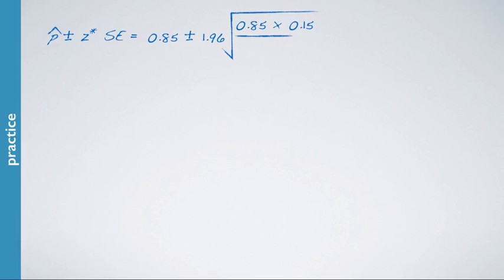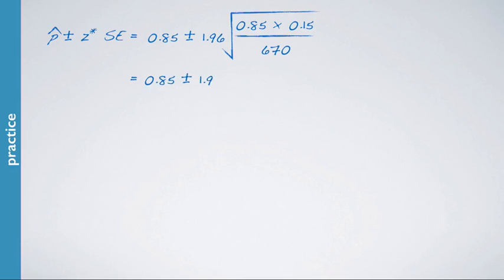Now that we have all of our building blocks, we can actually calculate our confidence interval. Remember that a confidence interval is calculated as the p-hat plus or minus a z-star times the standard error of p-hat. In this case, our p-hat was 0.85. For a 95% confidence interval, z-star is 1.96, and we can calculate the standard error as the square root of 0.85 times 0.15 divided by 670.